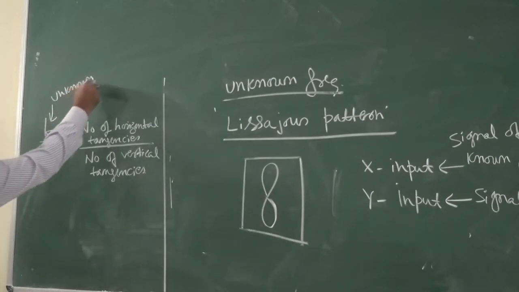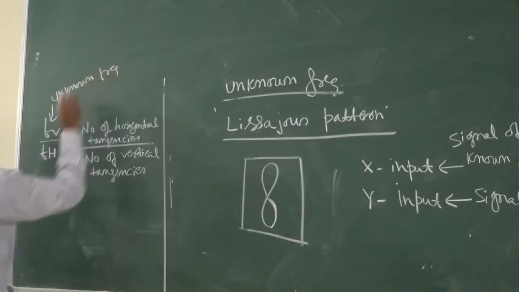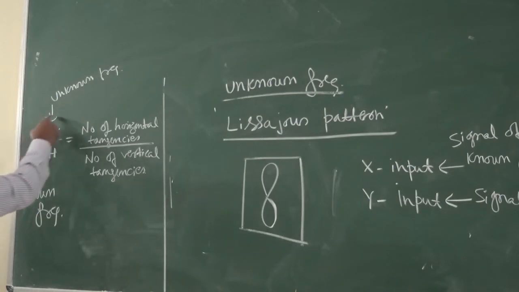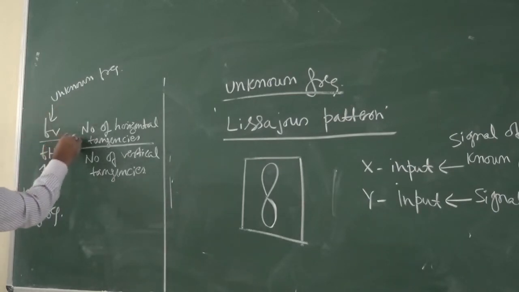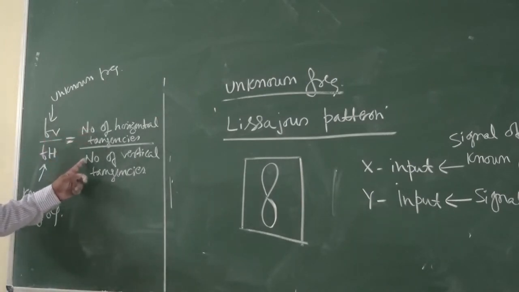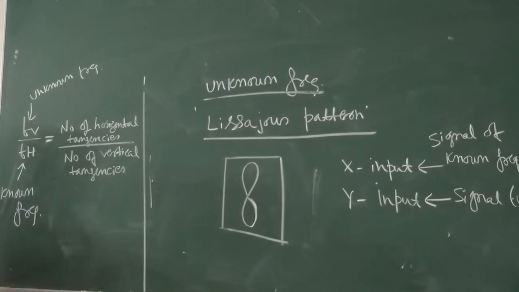FV is the unknown frequency, and FH is the known frequency, meaning the frequency of the signal applied at the X input, to the horizontal deflection plate. It is equal to the number of horizontal tangencies divided by the number of vertical tangencies.